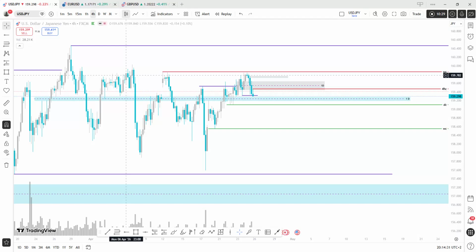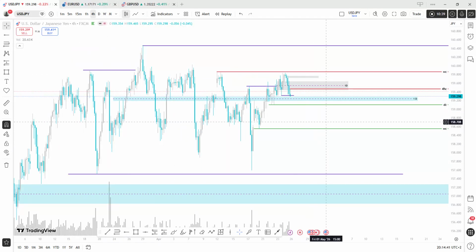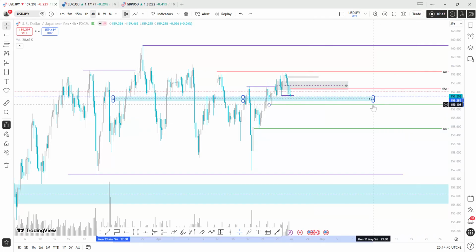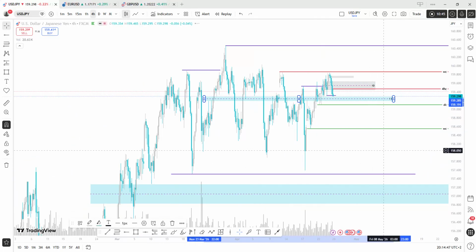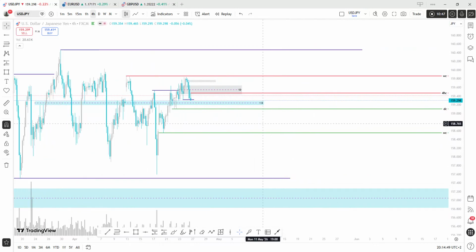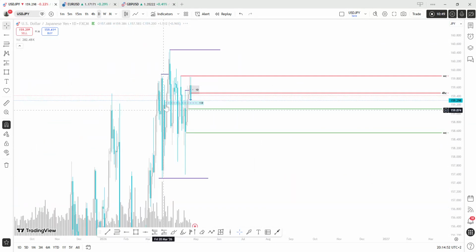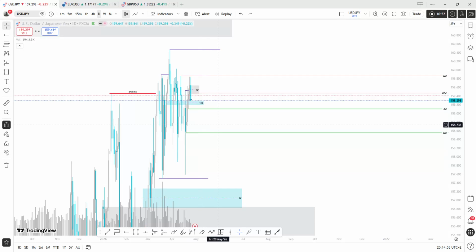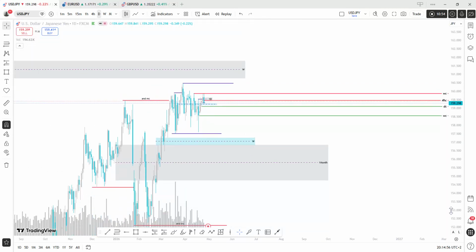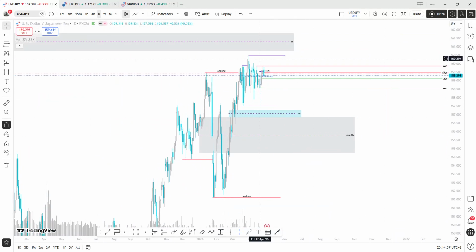But at the same time, even if the market is not very clear and doesn't have a general direction yet because it's consolidating, I do expect some strong moves.